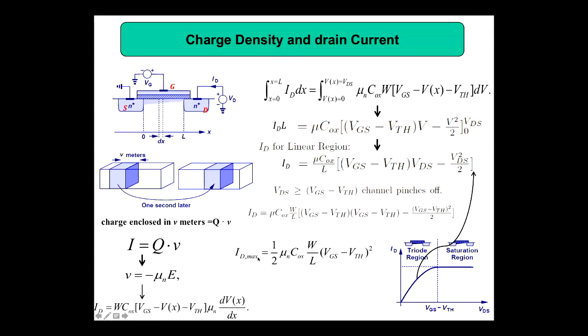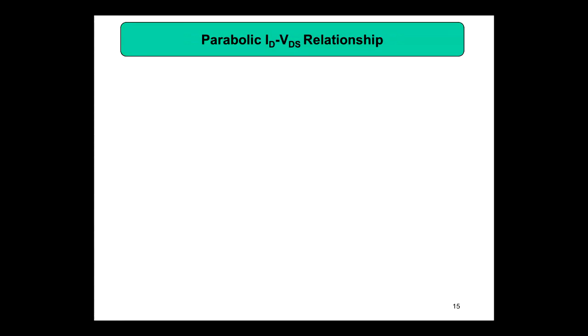So ID equals half mu n, mobility of electrons, COX capacitance per unit area, W width of the channel, L length of the channel, VGS minus VTH the whole square. For the BJT, you don't have any of these width and length in your equation, and we don't have the exponential relationship here. So that is the current in the saturation region.